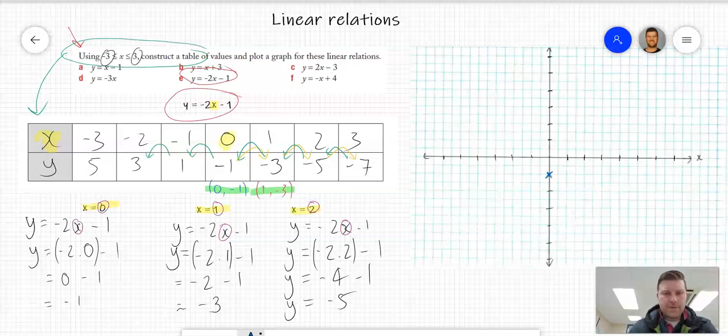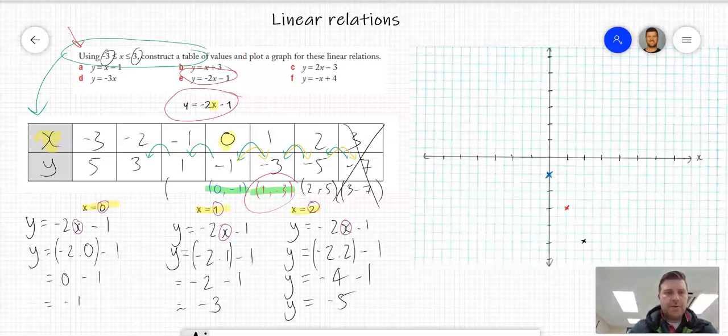Then the red one, (1, -3): 1 comes off the x-axis, and -3 comes off the y-axis. I'm just going to do the others in black now. (2, -5) is there. Then I have (3, -7), but I won't fit that one on, I won't worry about that one.